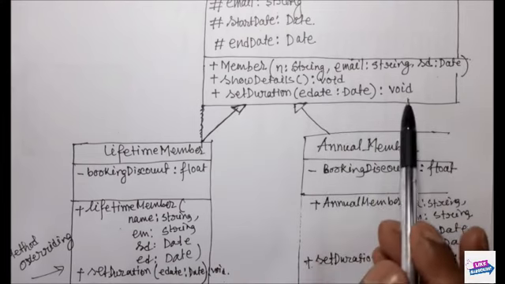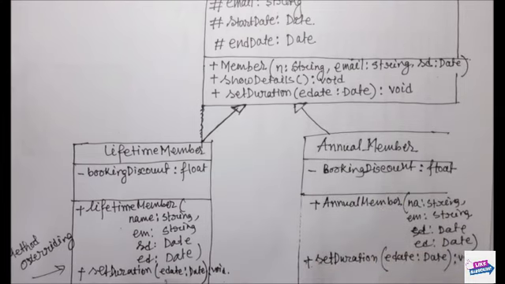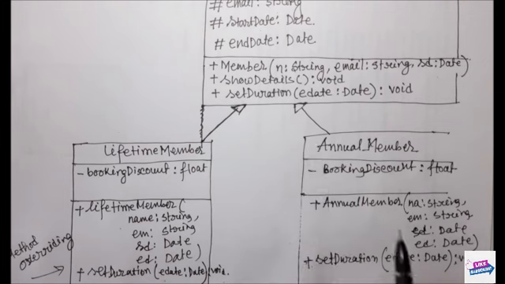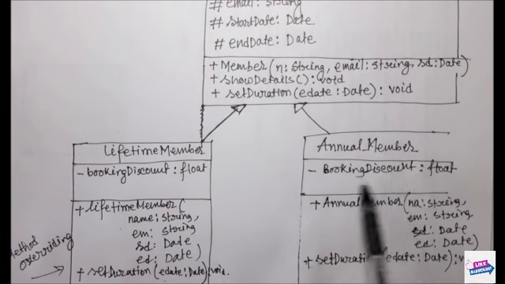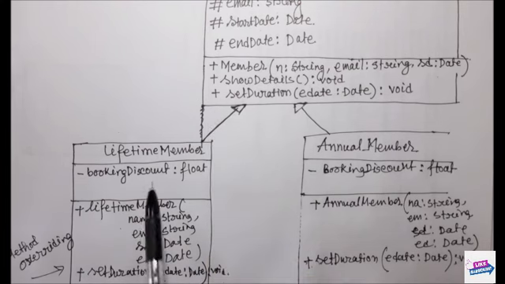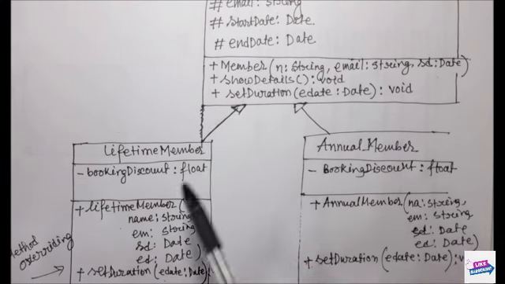So according to our requirement, the set duration function will be different. For example, here the end date will be for 1 year, and for lifetime member it will be 20 or 30 years. We can also add some attributes here. For example, we can give booking discount as one of the attributes, based on our requirement.